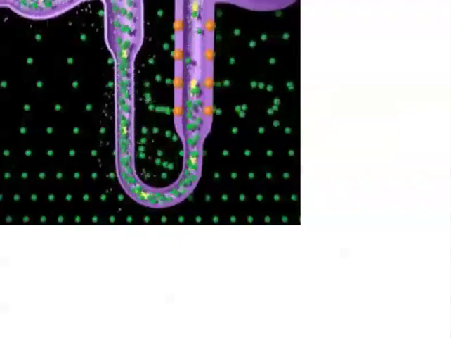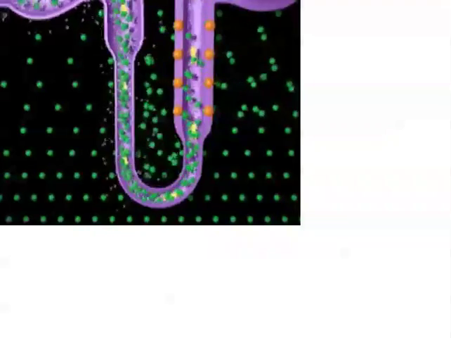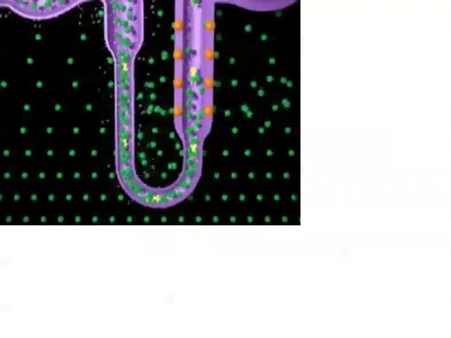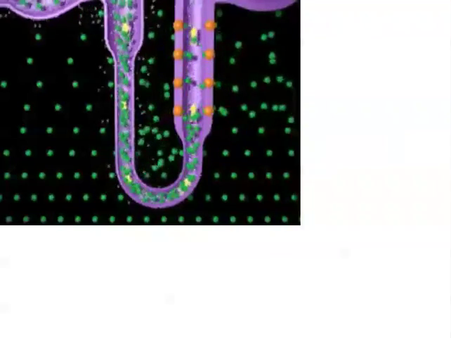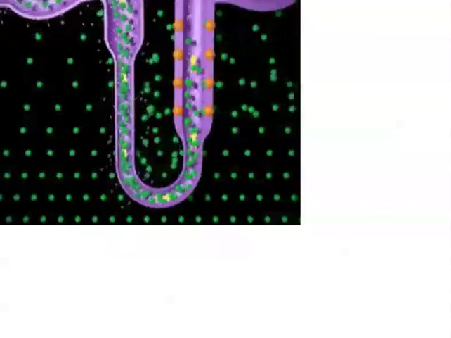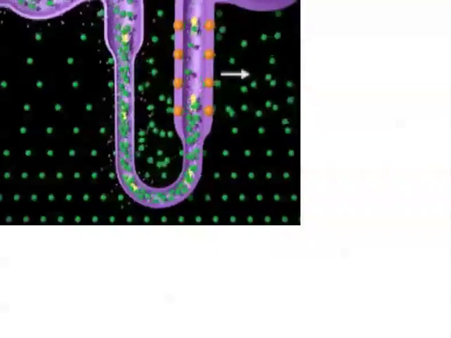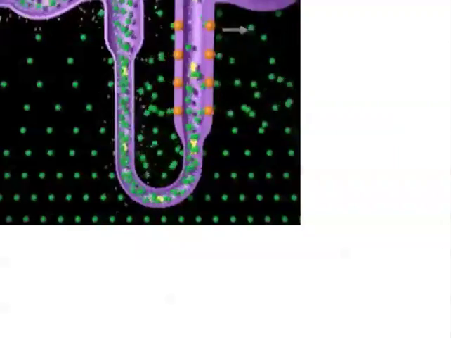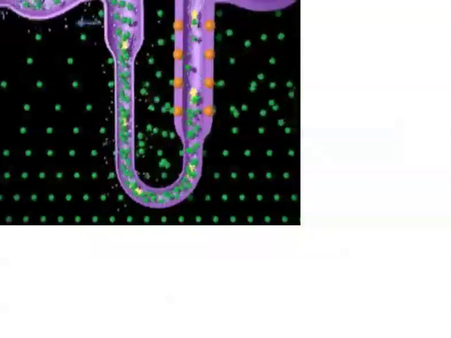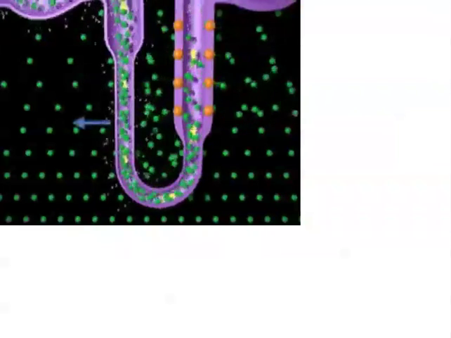Thus, the solute pumps along the ascending limb help to create the concentration gradient responsible for concentrating the tubular fluid in the descending limb. This is a positive feedback loop. The pumping of solutes from the tubular fluid in the ascending limb adds to the concentration gradient within the medulla, which in turn draws additional water from the tubular fluid in the descending limb.